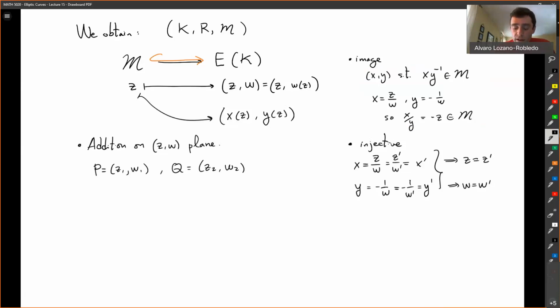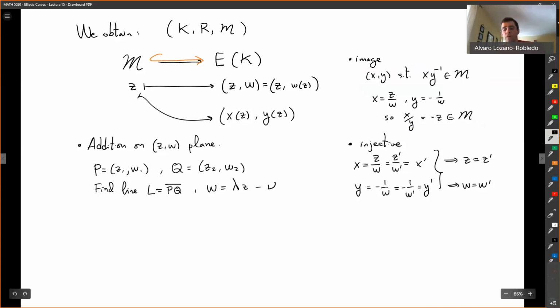I can find a line L that goes through P and Q, and that is going to be a line W equals lambda Z minus nu. I'm not going to find those parameters, but you can find exactly what they are in terms of Z1, W1, Z2, W2. Once you have that line, I can intersect with my elliptic curve and find the third point of intersection.